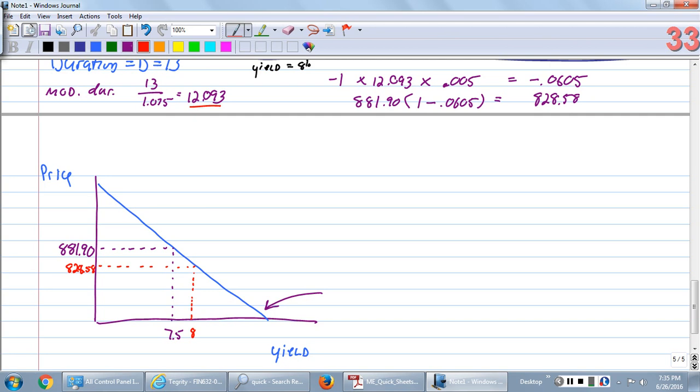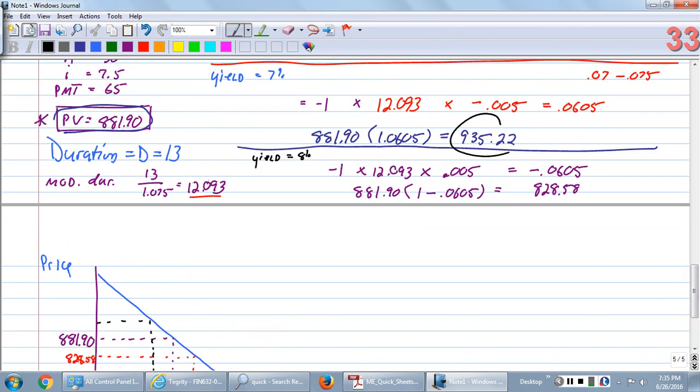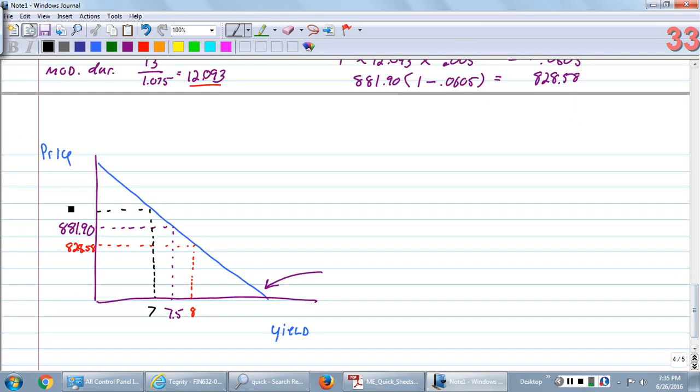And we said if interest rates went from 7.5% to 7%, we said the bond would go up, and we estimated that it would be 935.22.